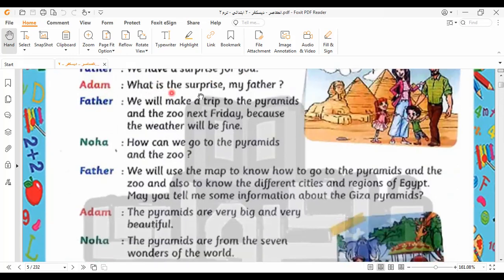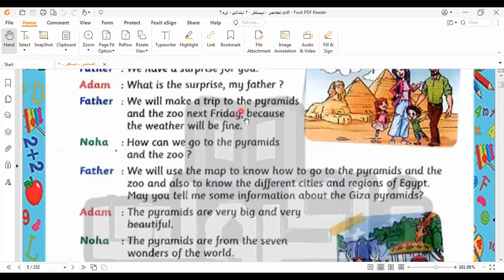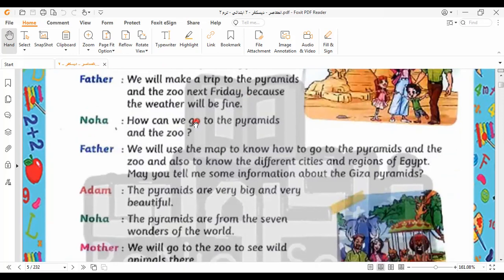Adam, what is the surprise, my father? Father, we will make a trip to the pyramids and the zoo next Friday because the weather will be fine. It means we are going to enjoy going to the pyramids and the zoo next Friday because the weather will be fine.